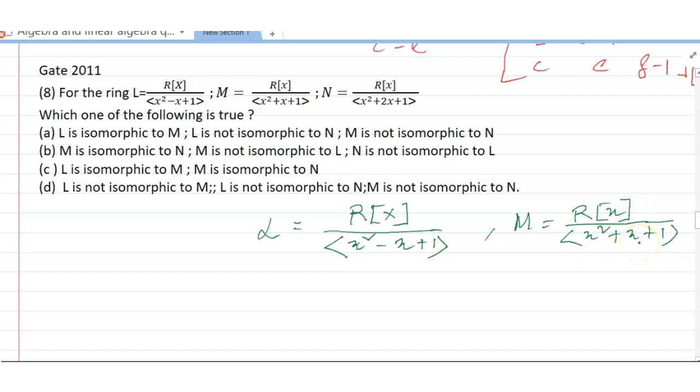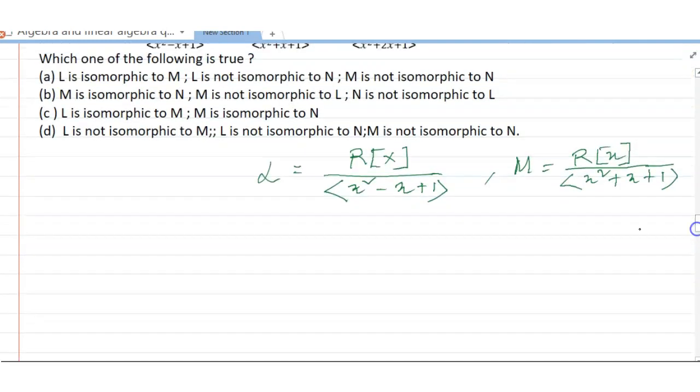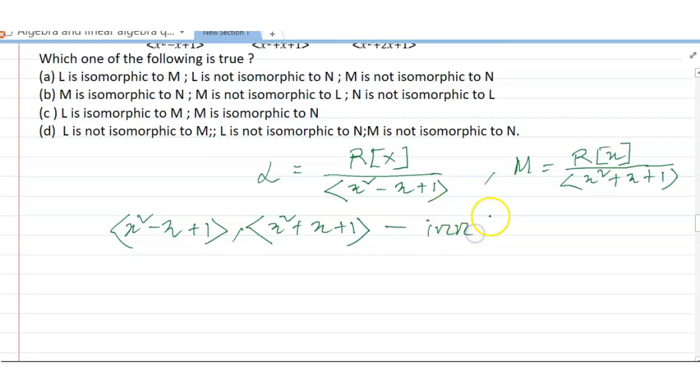These are the two, L and M. If you see, x square minus x plus 1 and x square plus x plus 1 are irreducible over R.